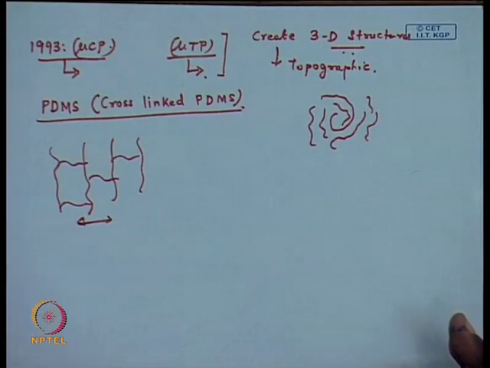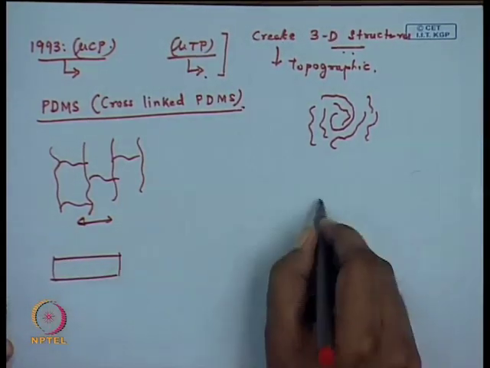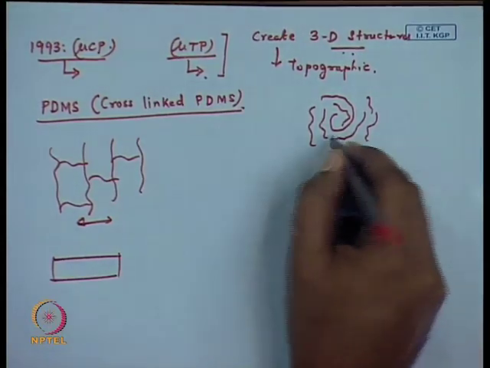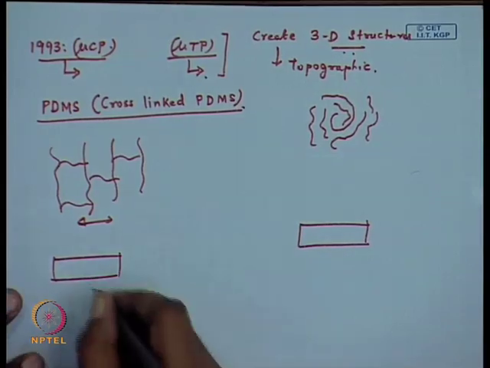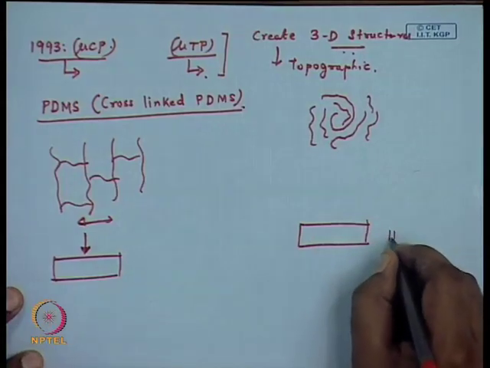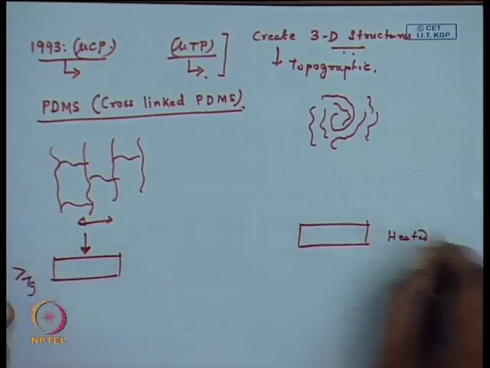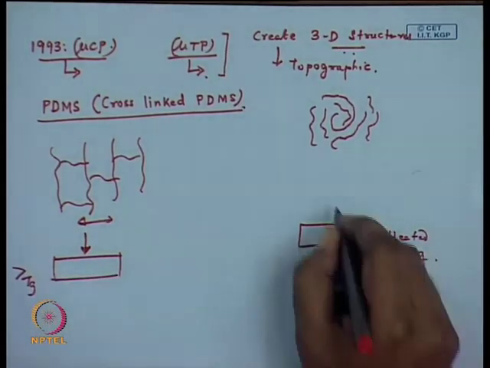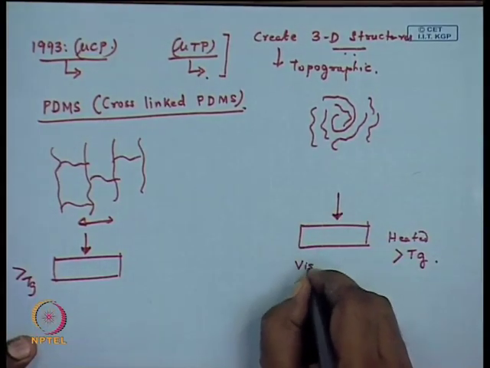In other words, if you take a block of, let us say, elastomer vis-a-vis a block of a homopolymer, where the molecules are not cross-linked, and you deform this surface with a load, and suppose this is heated, so this anyway is above Tg, you heat it above Tg and then you apply a force. Here this is a purely viscous liquid.